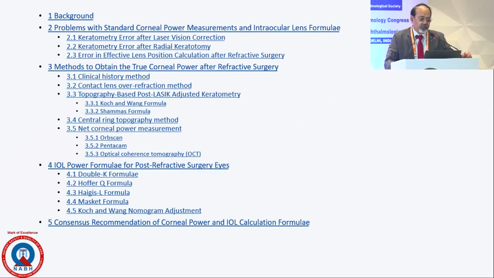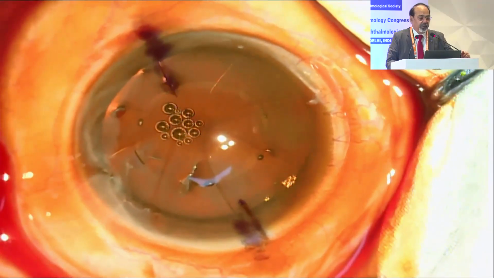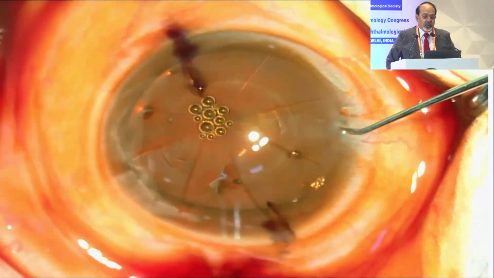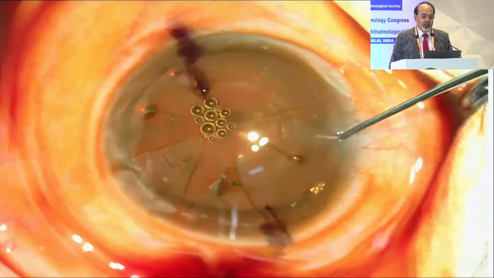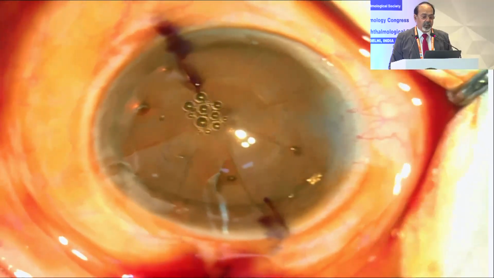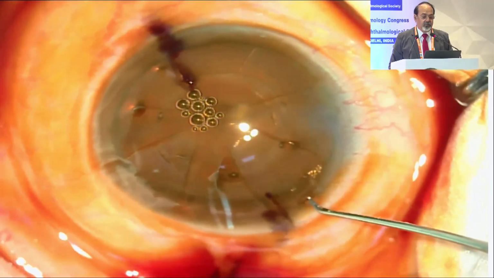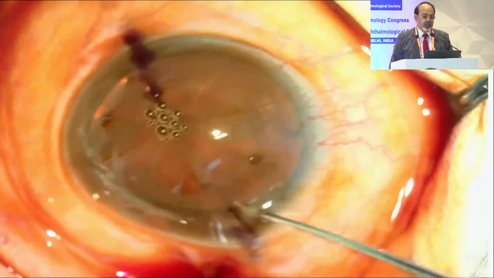The topic is very exhaustive, and there are so many things to discuss, but I'll be limiting myself to one of my videos here, which is radial keratotomy done almost 20 years back, and now a case of FLACS, the femtolaser assisted cataract surgery.